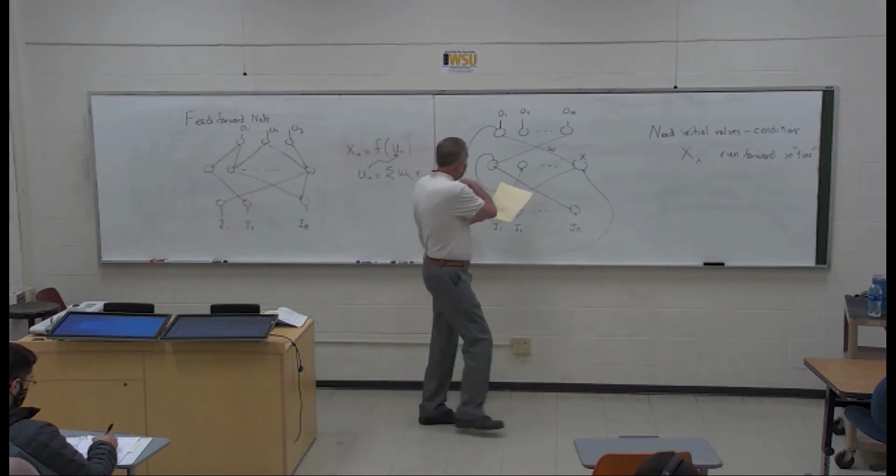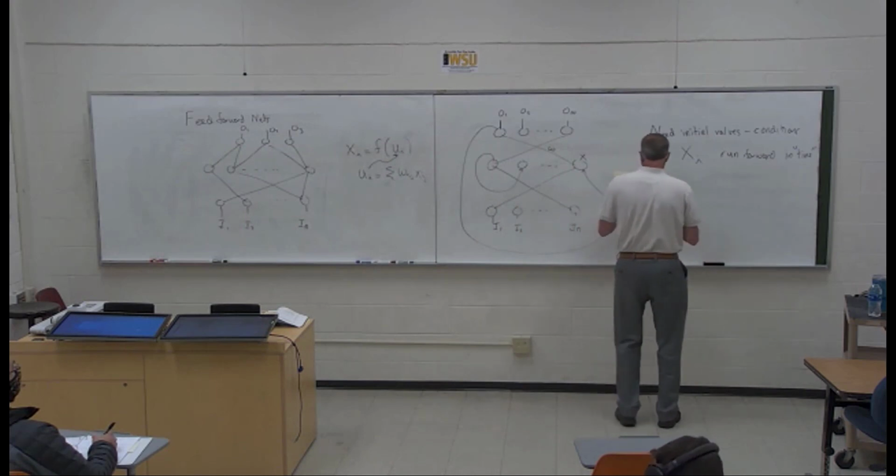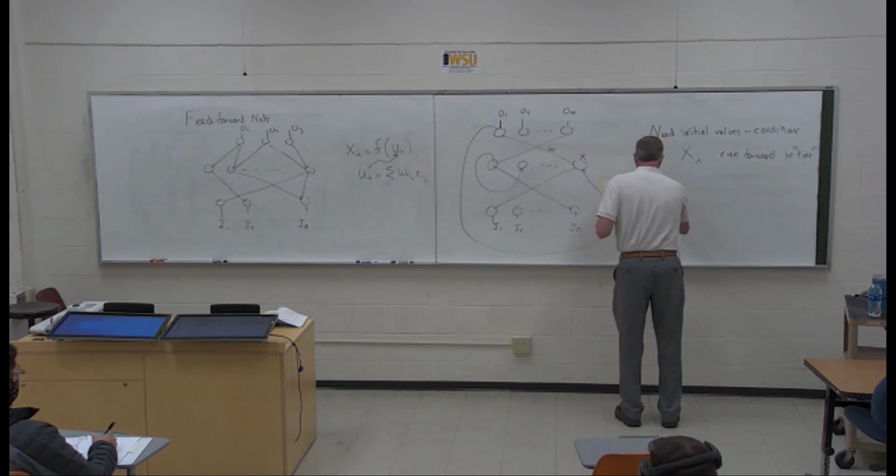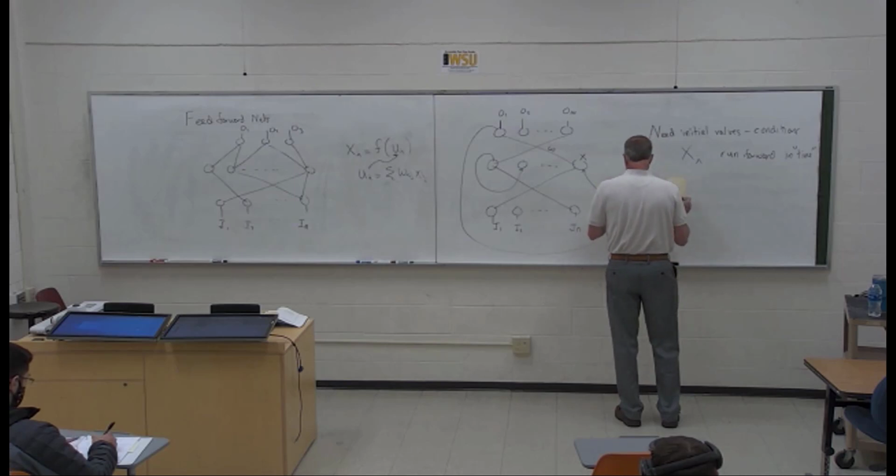And so really, to write the equations for the propagation, we need to write it like this. Put it in terms of U and X's. So we have to calculate the U's first.